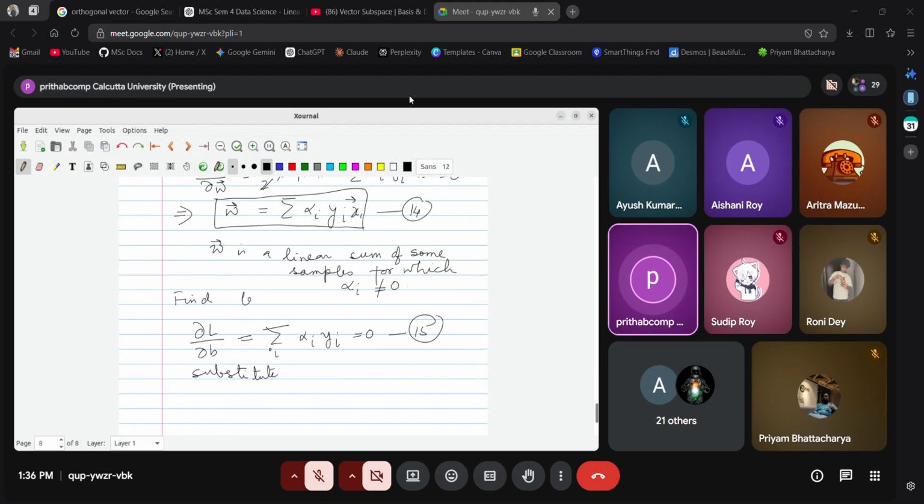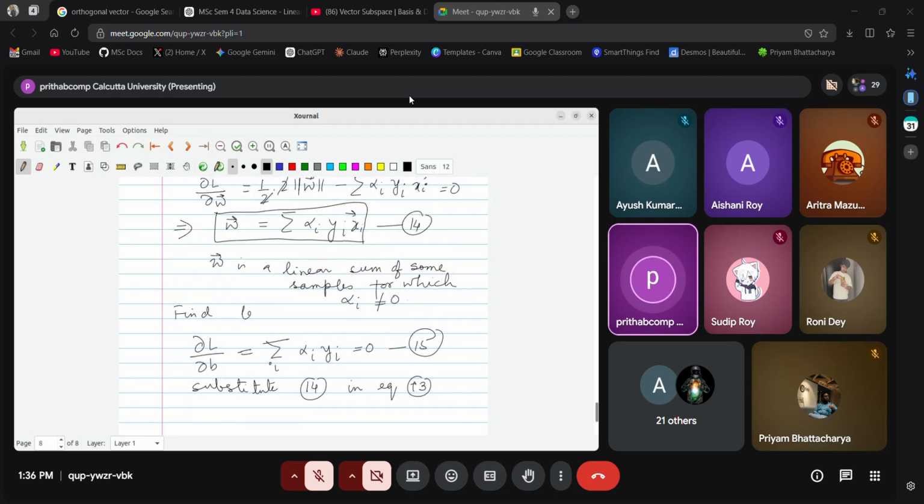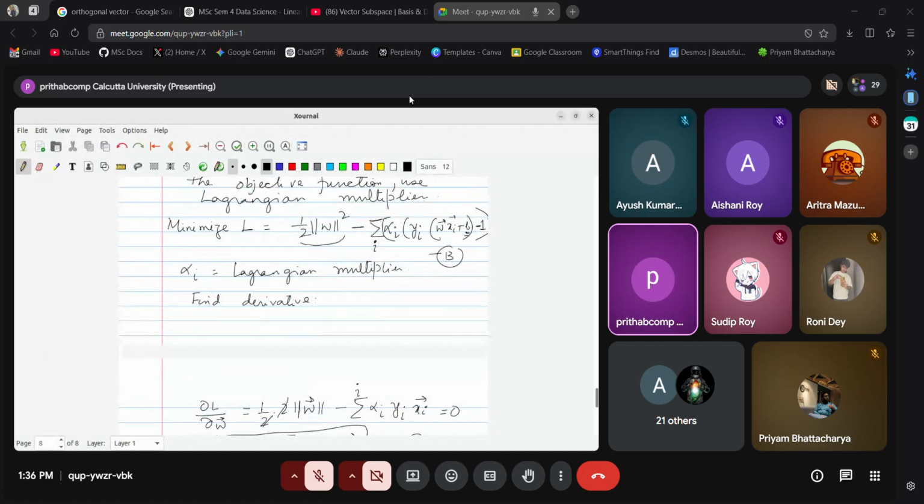Now we will substitute the equation for w, 14, in equation 13. So what is equation 13? Let's go back. It's that maximize that entire objective function.